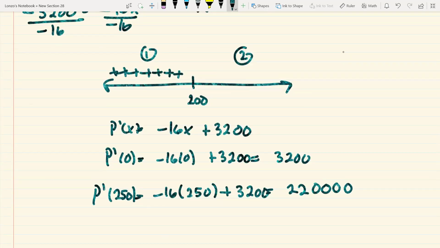Hold on, I think I made a mistake. So, I think this is right. When you plug in 0 into P prime, you get 32. And then when you plug in 250, I must have done something on the calculator wrong.